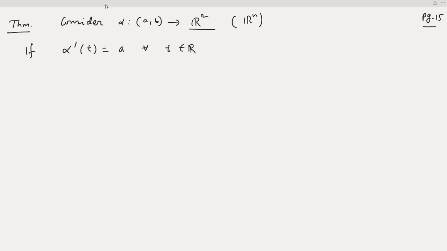So if alpha prime of t equals a, independent of t, for all t belongs to R.